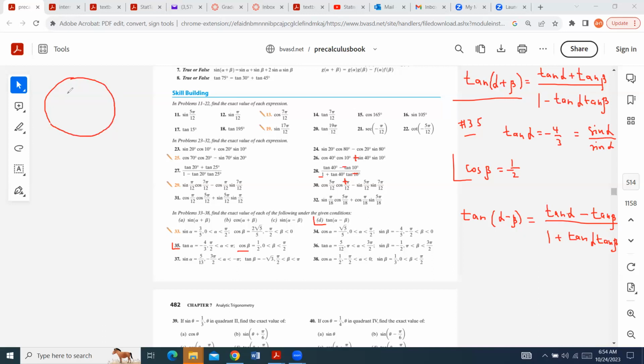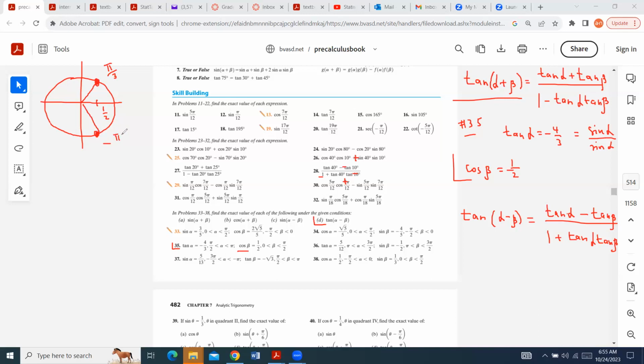Use my favorite, the unit circle as usual. So if cosine is 1/2, then there are two possibilities for our angle. It could be either here or there, right? So it could be positive, and we know that for 1/2 it's at pi/3, right? You can check with the back of the book. Or another possibility is negative pi/3.